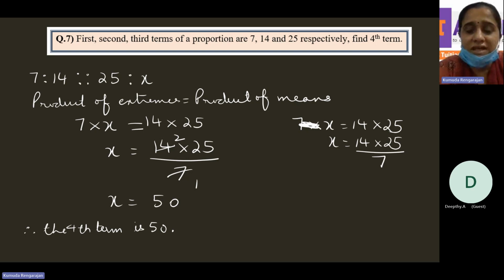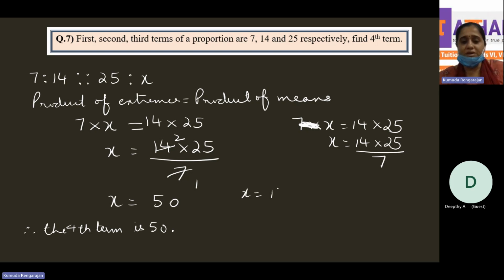7 ones are 7. Take one number from the numerator, one number from the denominator. 7 ones are 7, 7 twos are 14. Now there is 2 there, no? So 2 into 25 is 50. Yeah, you can ask me. No, see here.